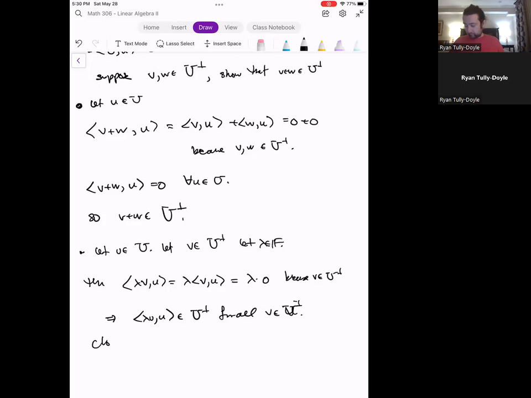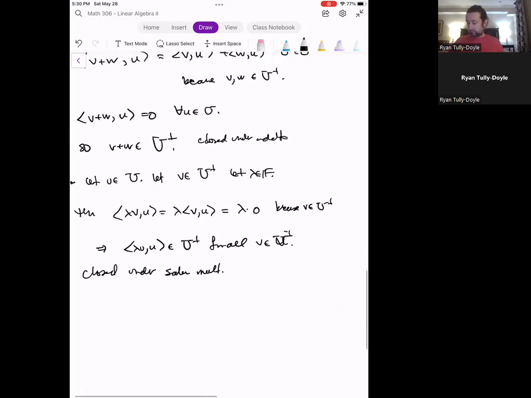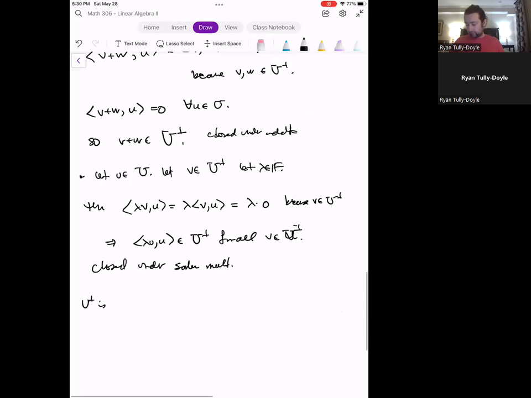And so we're closed under scalar multiplication. This was closed under addition, and this was contains 0. And that lets us conclude that U perp is a subspace.